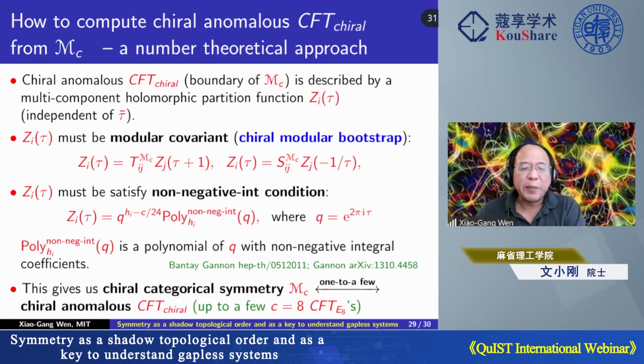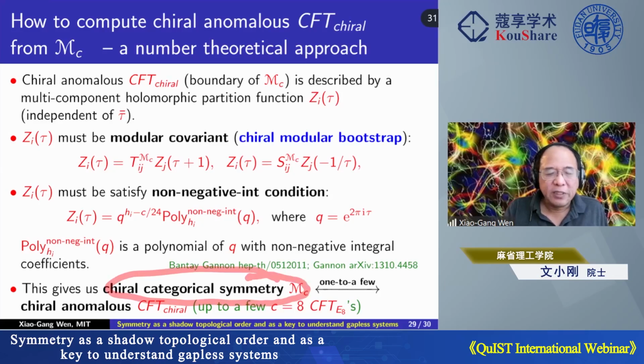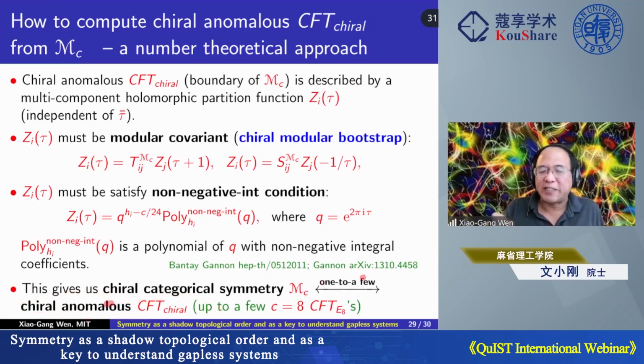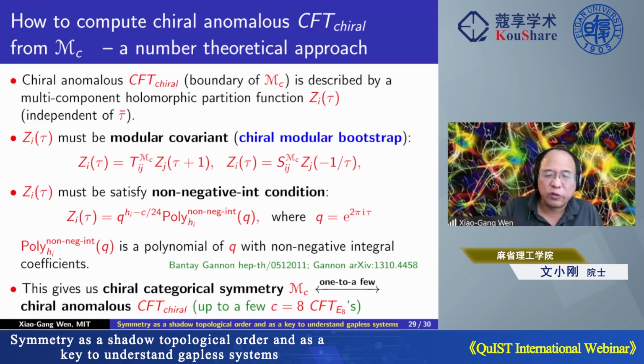But the E8 CFT is a known ambiguity that we feel we can handle. So this is basically the situation. Actually, we think the chiral categorical symmetry can determine the chiral anomalous CFT, but in a one-to-few fashion. So there's ambiguity, but the ambiguity is not too much. It's understandable and controllable. So this is still a very useful thing.